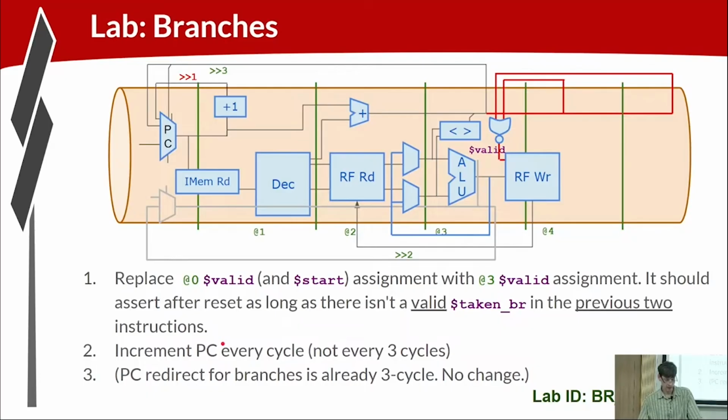And now that we're executing instructions every cycle, for the most part, we're no longer doing the increment every third cycle. We'll go back to doing the increment every cycle. Right, the branch, when we redirect the branch, that is a 3-cycle dependency, so that one stays as it was. Any questions about this?